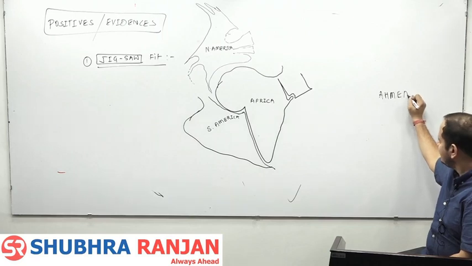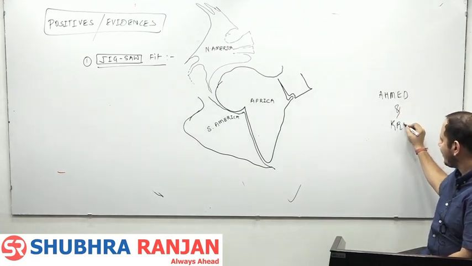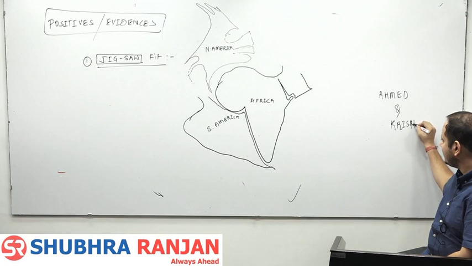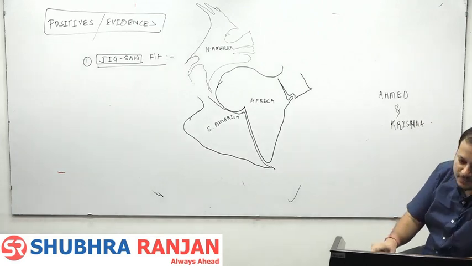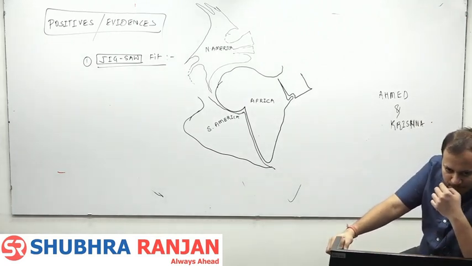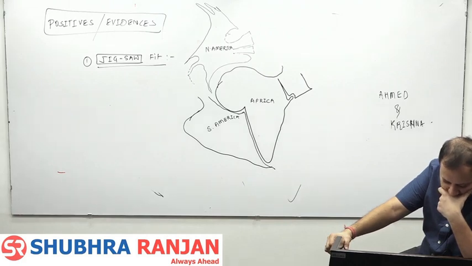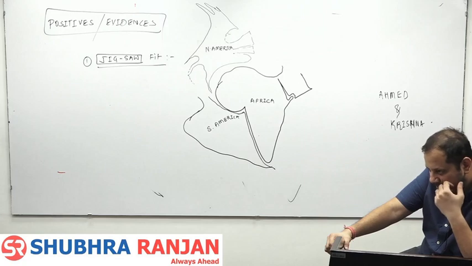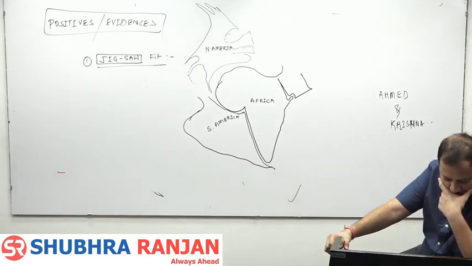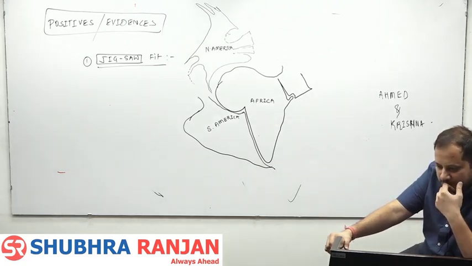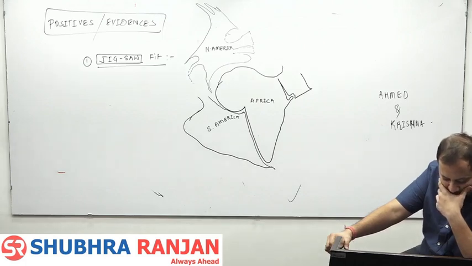Ahmed and Krishna have proved, these are the two important geographers, Ahmed and Krishna have proved that southern India and Western Australia were once united to form a single landmass.